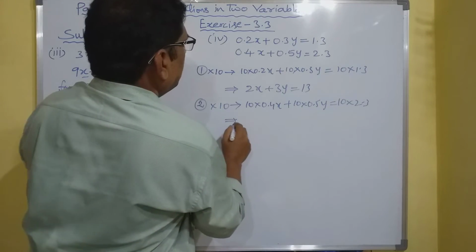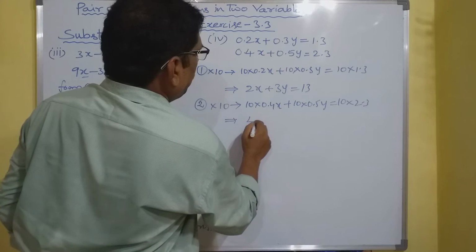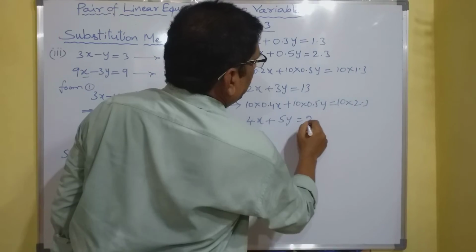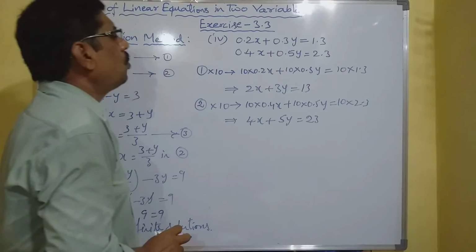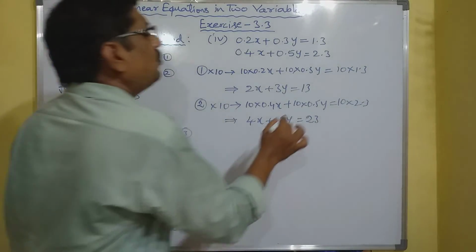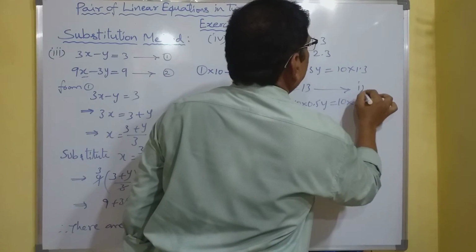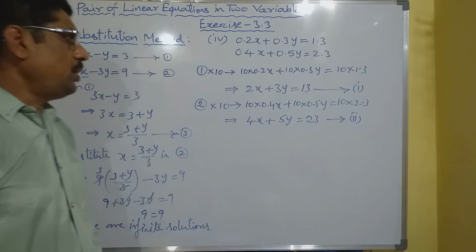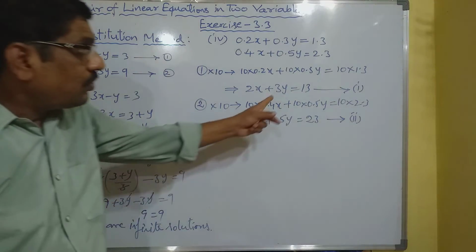Then we get 4x, 5y, 23. Okay. Now these two we have to take as the equations 1 and 2.